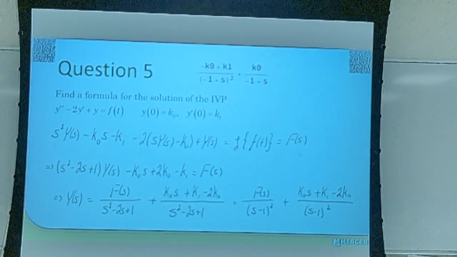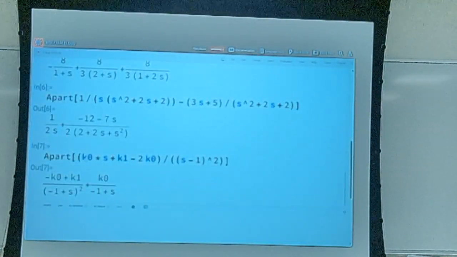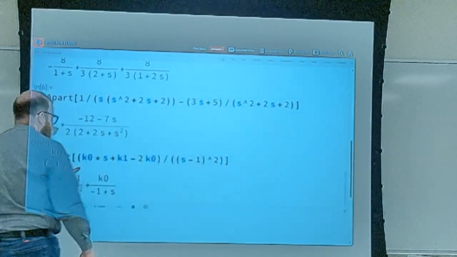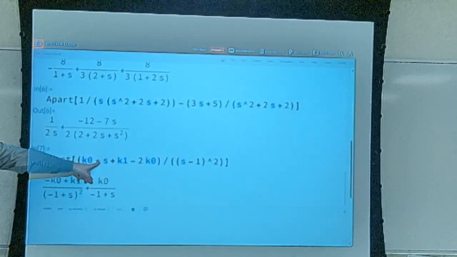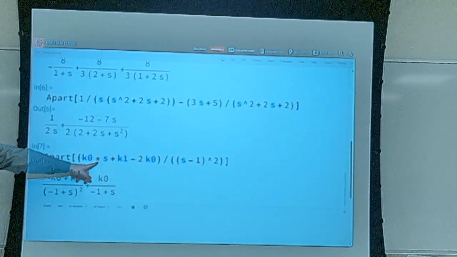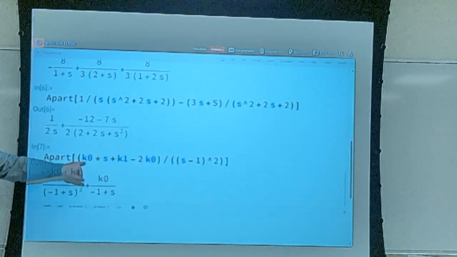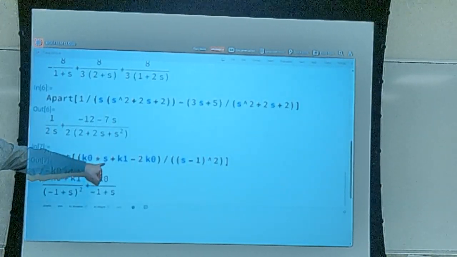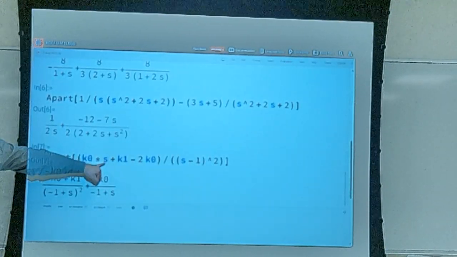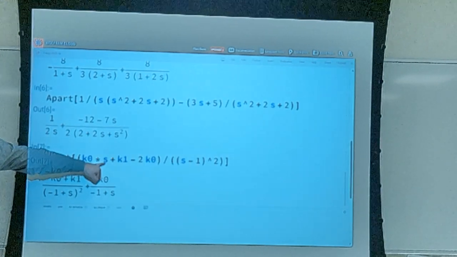Your calculator should be able to do the same thing. Just be careful. I have to explicitly define multiplication, because if I just write this as K0S, it'll read that as a single string, so it'll read as a single variable and not a product of variables.